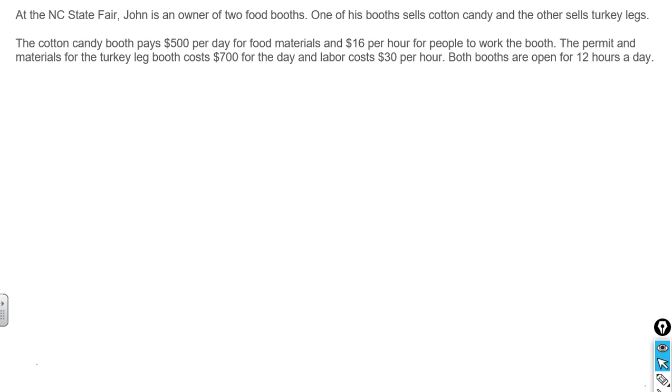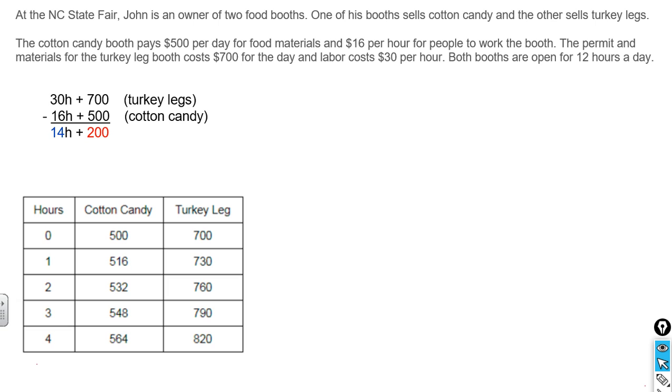So if we look at the equations, if we subtract the cost of the cotton candy booth, the equation 16H plus 500, from the equation we came up with for the turkey leg booth, the 30H plus 700, we end up with a difference of 14H plus 200.